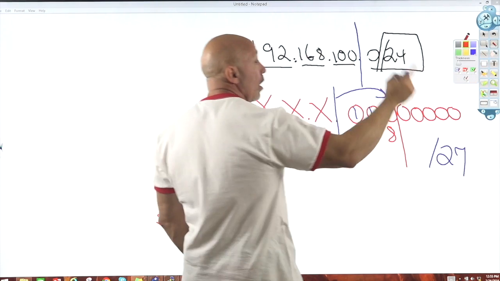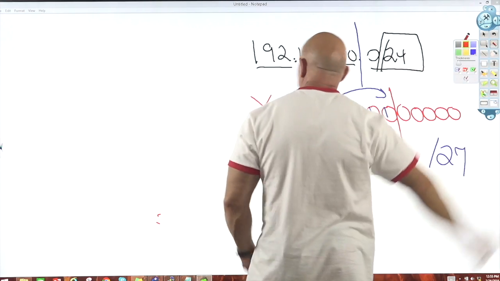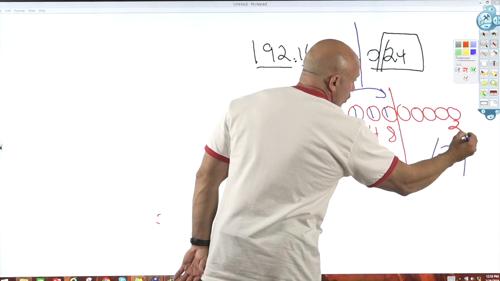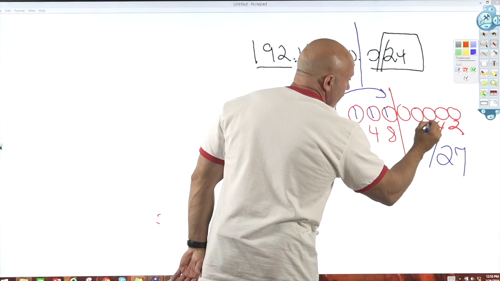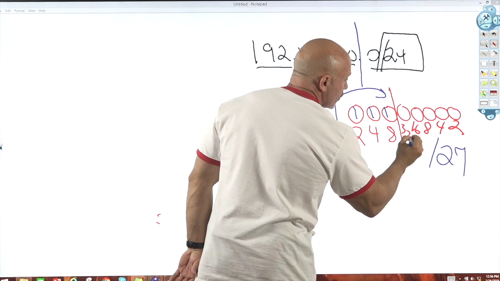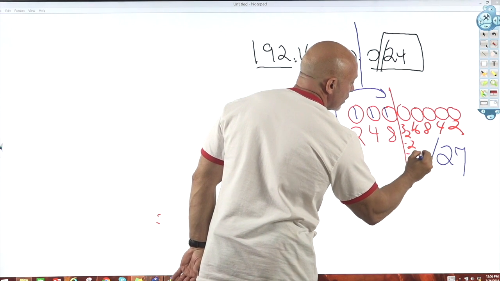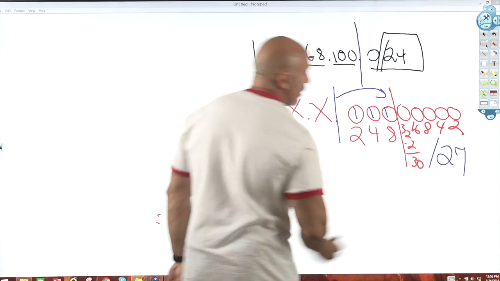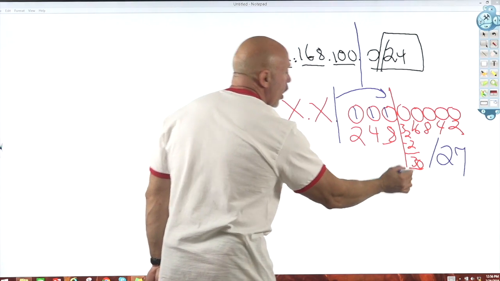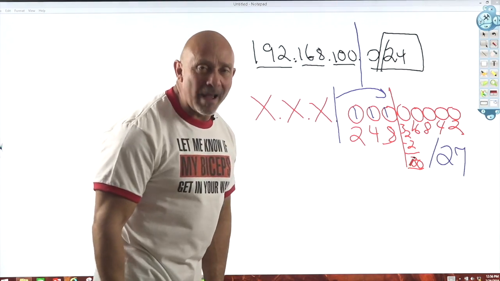For hosts, you go right to left: 2, 4, 8, 16, 32, minus 2, 30. So we have 8 networks and 30 hosts per network.